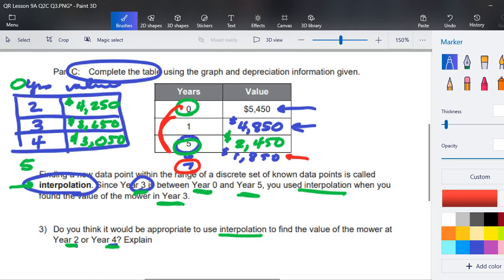So on question 5, to go look at year 9 or 10, could we use extrapolation? No. Even though the depreciation would continue to be linear, our depreciation for this question ends at year 7. So even though the line could extend to years 9 and 10, these are beyond the domain of this relationship since the class life is only 7 years.